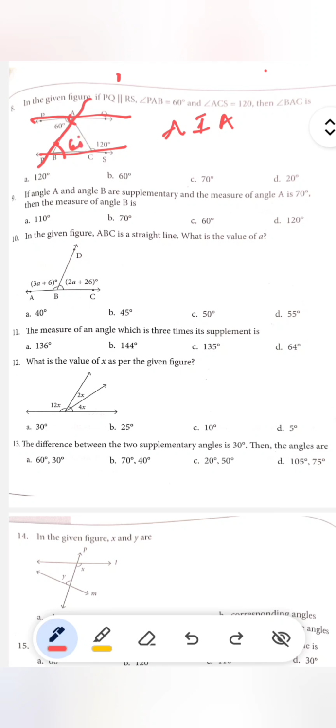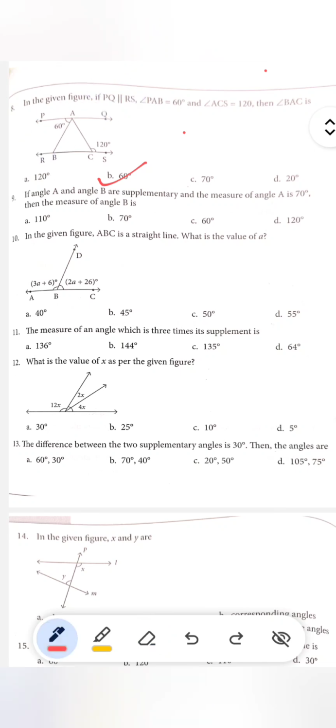Now in this triangle you can see that this is the exterior angle, which is 120 degrees. This is the sum of the two opposite interior angles. So this one will be 120 minus 60, which is equal to 60 degrees. And it is asking about BAC. So BAC is equal to 60 degrees, that you got. Okay. Now come to the next part.